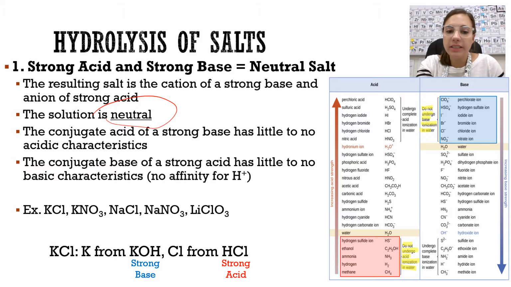I have a list of examples. There's definitely more, but if we look at the one that I broke down here, KCl, the potassium would come from potassium hydroxide. The chlorine would come from hydrochloric acid. Both of those are strong, so that makes KCl neutral.